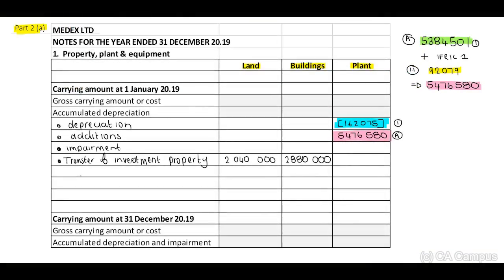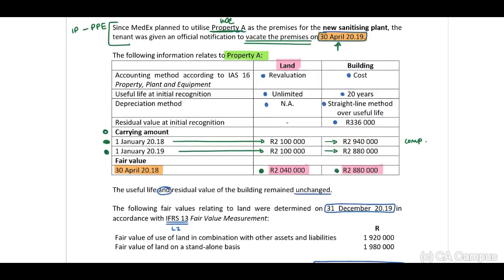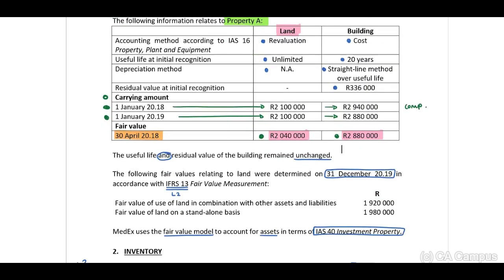Our PPE note, transfer of investment property 2040,000 and 288,000. Okay. Now, when we look at the details provided, we have transferred the land and buildings to our PPE, and they indicate to us that the useful life and residual values of the building remained unchanged.